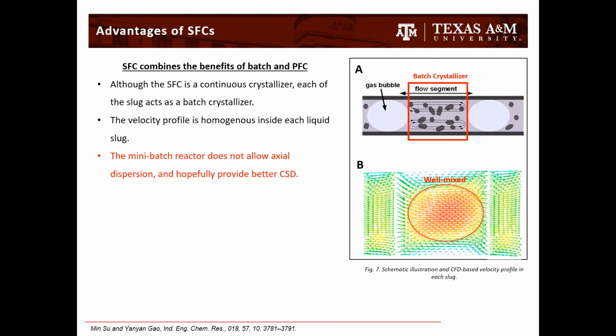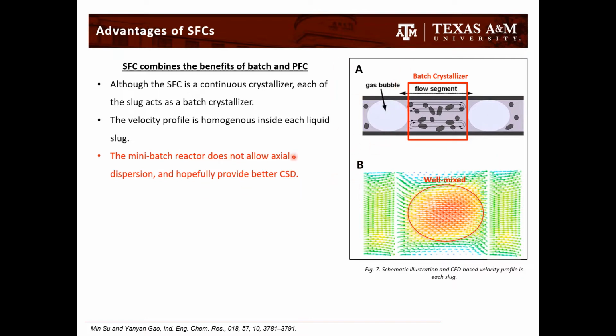Specifically, in this work, we are going to look at slug flow crystallizers or SFCs because they combine the benefits of a batch crystallizer with a continuous one. This is because in a SFC, there is formation of alternate liquid air slugs, and the crystallization of these small quantum dots occurs in these liquid slugs. And they are very well separated from other liquid slugs because of these gas bubbles.